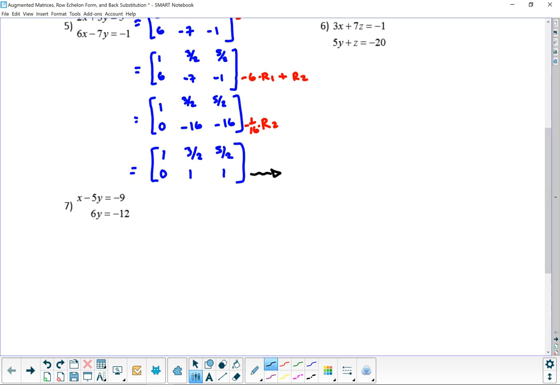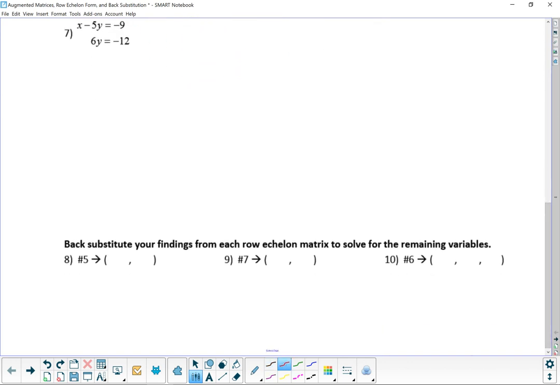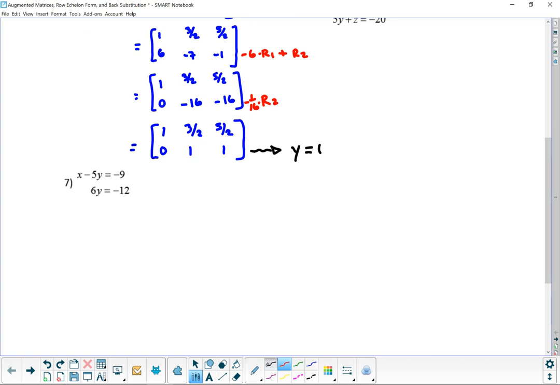For number 5, the answer so far is y equals 1. Y is 1, but I need to find x. So I need to use the equation to find x. My x equation is going to be 1x plus 3/2 y equals 5/2.